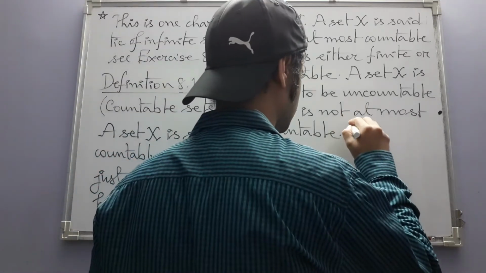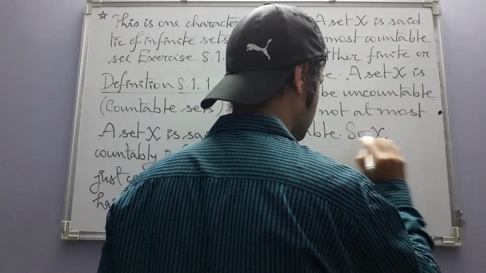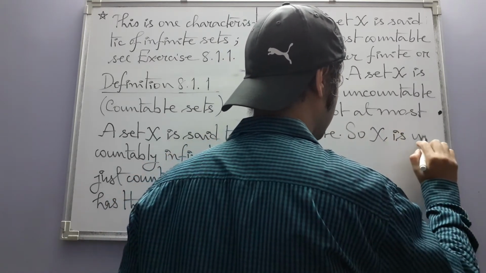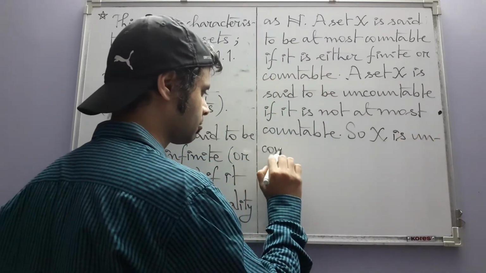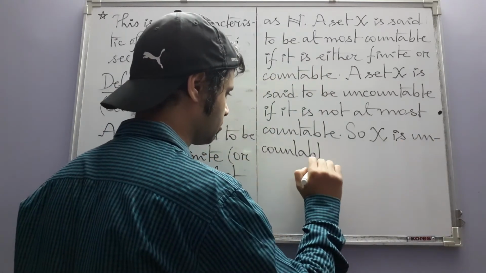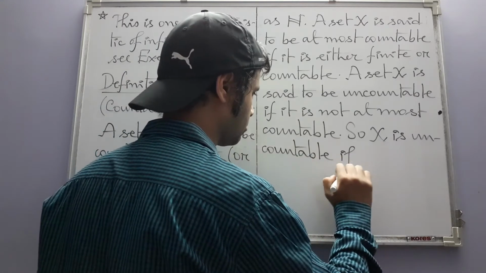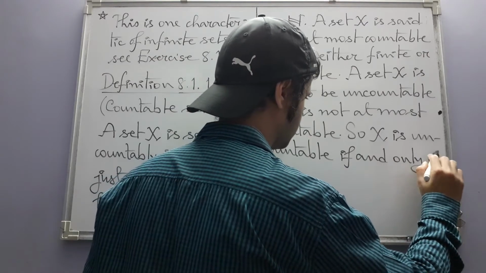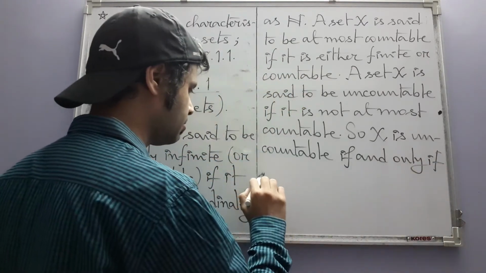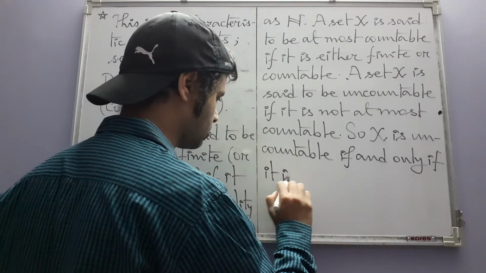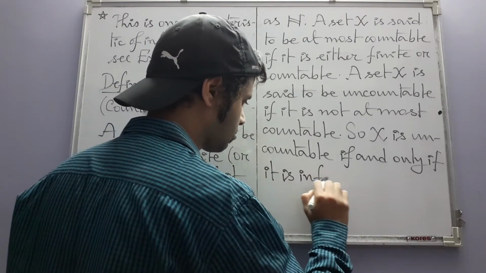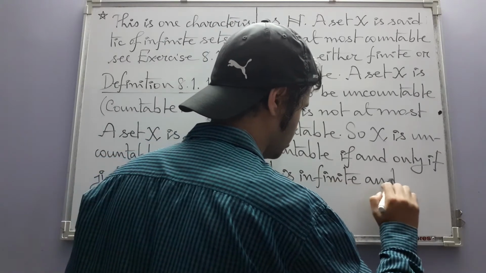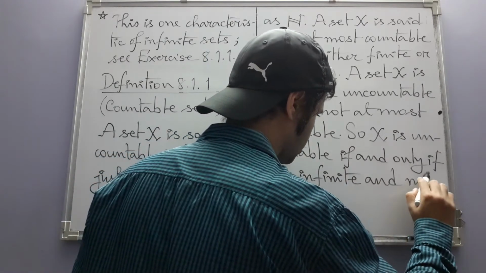So X is uncountable if and only if it is infinite and not countable.